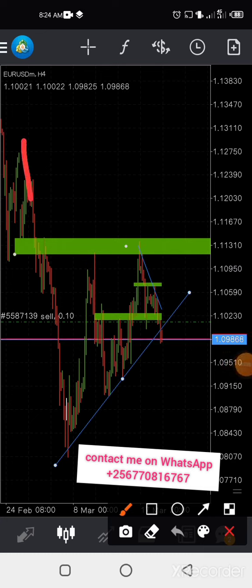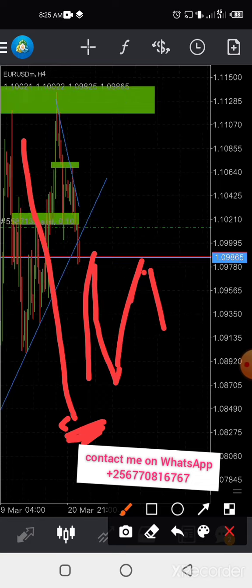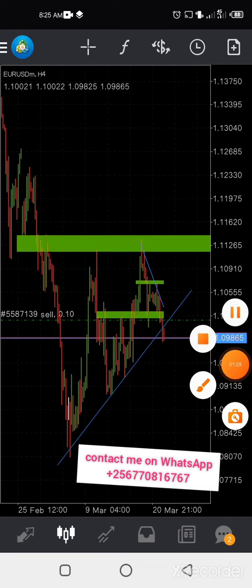So after a big downtrend, you can see it came to this area, retested and bounced off, and now it has retested and bounced off again. As you can see, it has retested the same area.